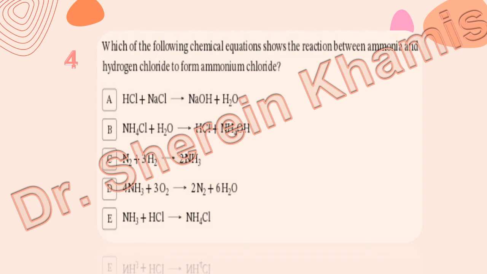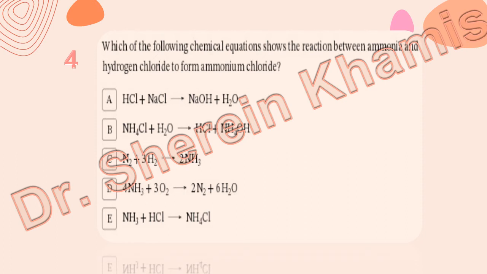The first one is ammonia, symbol NH3, and hydrogen chloride, or hydrochloric acid, its other name, HCl. The reaction only happens with concentrated acid. It was not put in the question, but when you write it you must write NH3 plus HCl concentrated, and the product will be what?